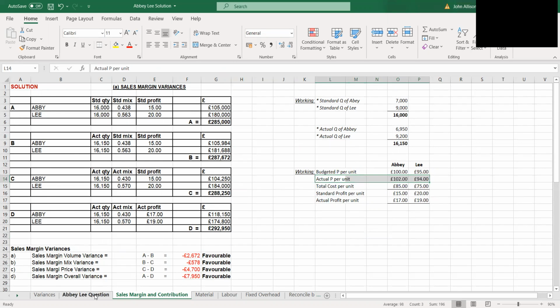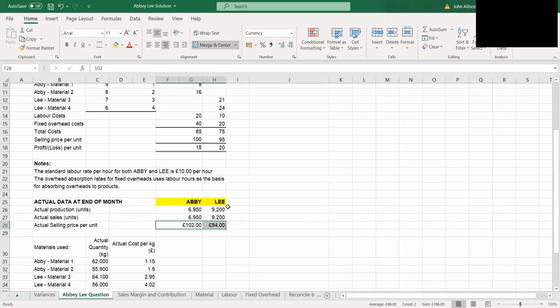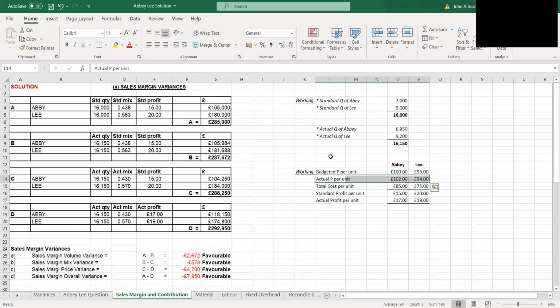If you look at the question, the actual selling price was 102 for Abbey and 94 for Lee, where it was anticipated to be 195. So we take the actual prices, we keep the costs we'd used previously. To get the actual profit per unit, it's the actual price, take away the costs.